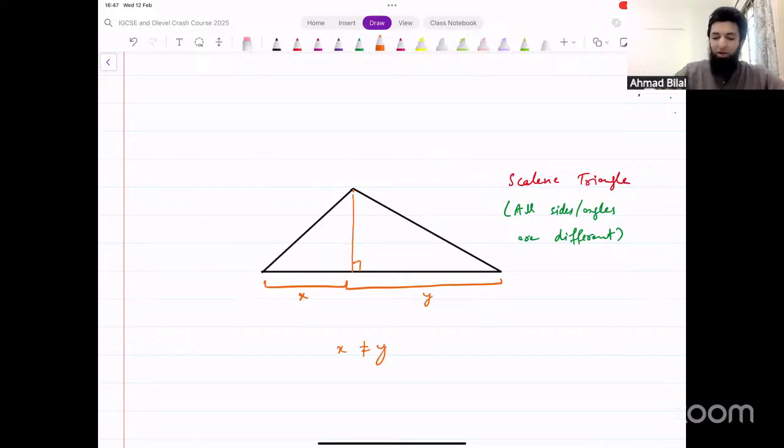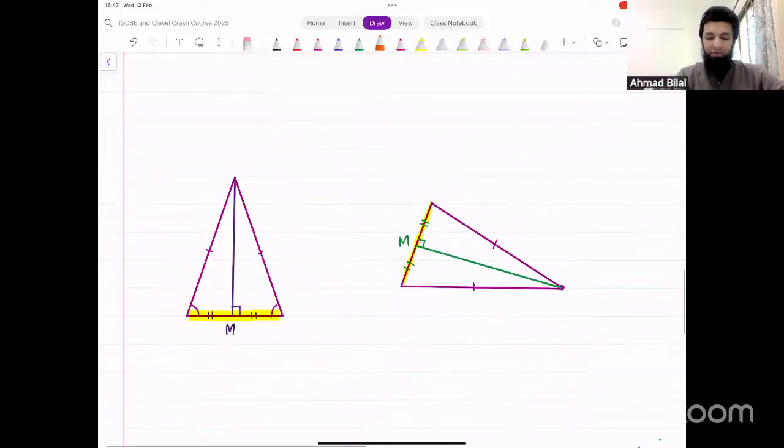It does not cut it at the midpoint. In a random triangle like this, do not assume that if you draw a perpendicular, it will always cut at the midpoint. It's only true for isosceles triangles when you are cutting at the base, or for equilateral triangles from any side.